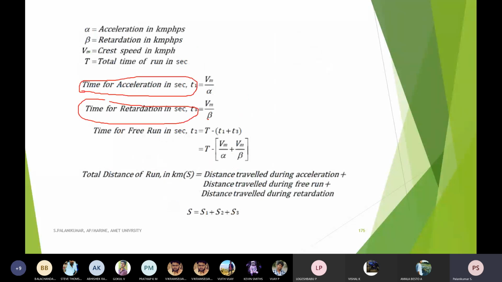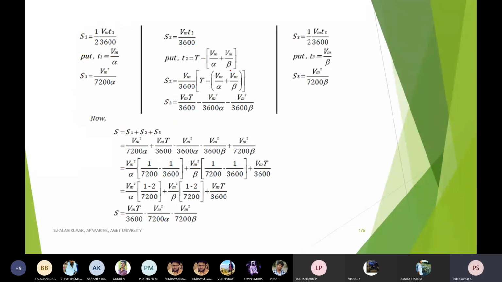Because we already know that T2 is equal to T minus T1 plus T3, I simply substitute it. Now I have to add all these things, S1 plus S2 plus S3. S1 is this, S2 term, then S3 term. So I can take out Vm square, alpha, as a common one.